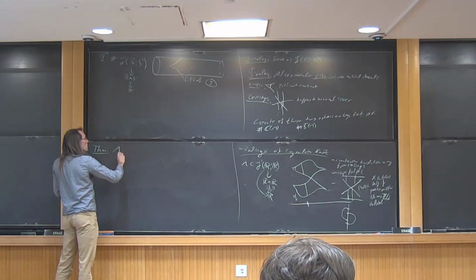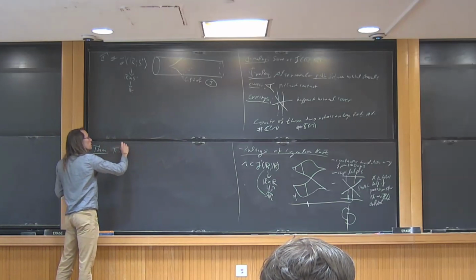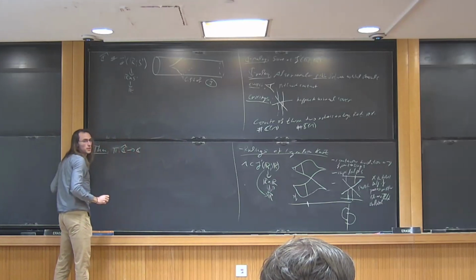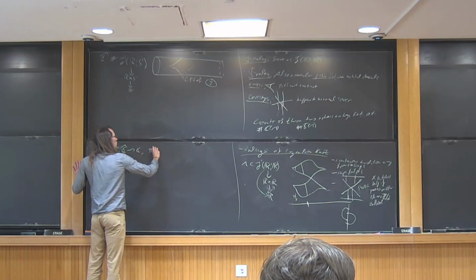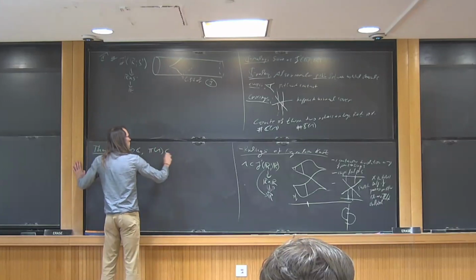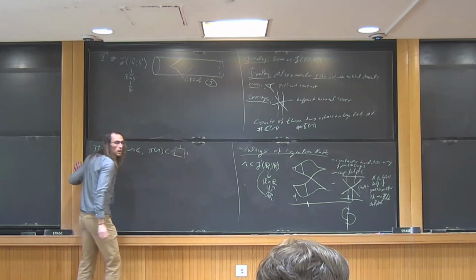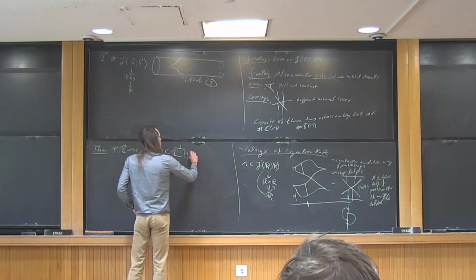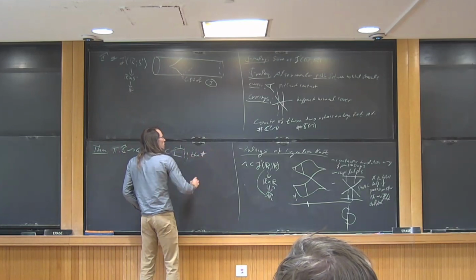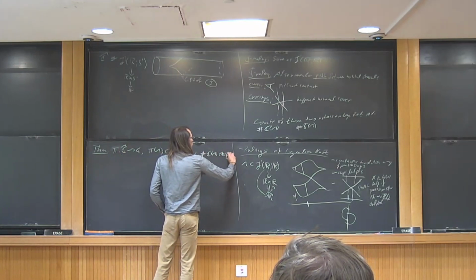So if pi is the projection from the pre-quantization down to C, and pi of lambda fits inside the disk of area 1, or maybe I will just say a box of area 1 because that makes the picture I draw slightly easier, then there are at least as many of these S rulings as there are C rulings.